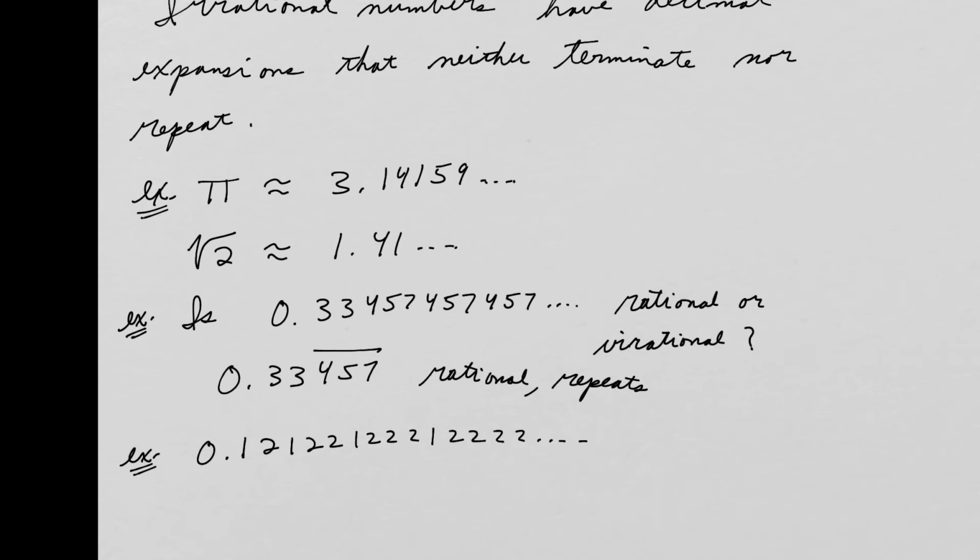Well, there certainly is a pattern here: a 1 followed by 1 two, 1 followed by 2 twos, 1 followed by 3 twos, and so on. But it never terminates. It never stops. We don't just get a bunch of zeros at any point. And it never repeats. There's a pattern, but it doesn't repeat. So if it neither terminates nor repeats, what kind of a number is this? It must be irrational. So this number is irrational.